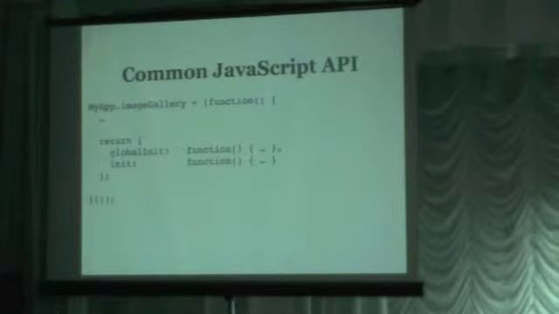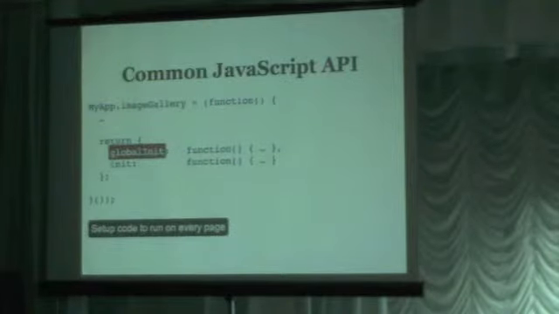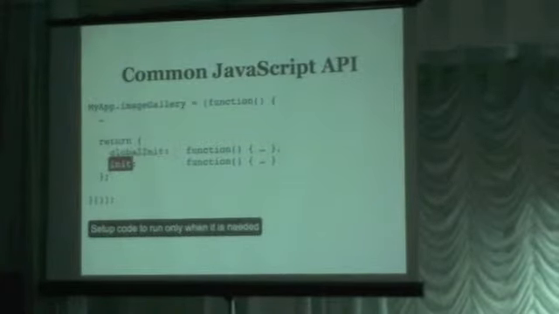But once we know which bits of JavaScript we want to initialize, we need a common API in order to initialize them. So we define two methods. We have global init, which is run on every page. There are some bits of JavaScript that you do want everywhere, and in that case you shouldn't have to add a class to the body of every page. And then we have an init method, which is only run when it's needed.